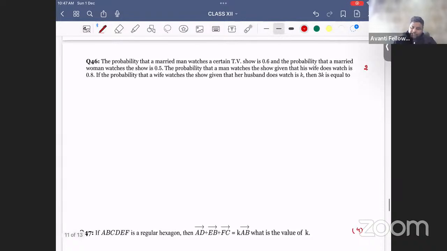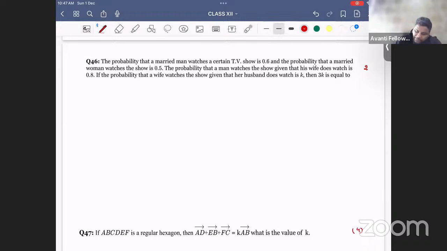Now see 46. The probability that a married man watches a certain TV show is 0.6 and the probability that a married woman watches the show is 0.5. The probability that the man watches the show given that his wife does watch is 0.8. The probability that the wife watches the show given that her husband does watch is k, then they are asking for 3k.